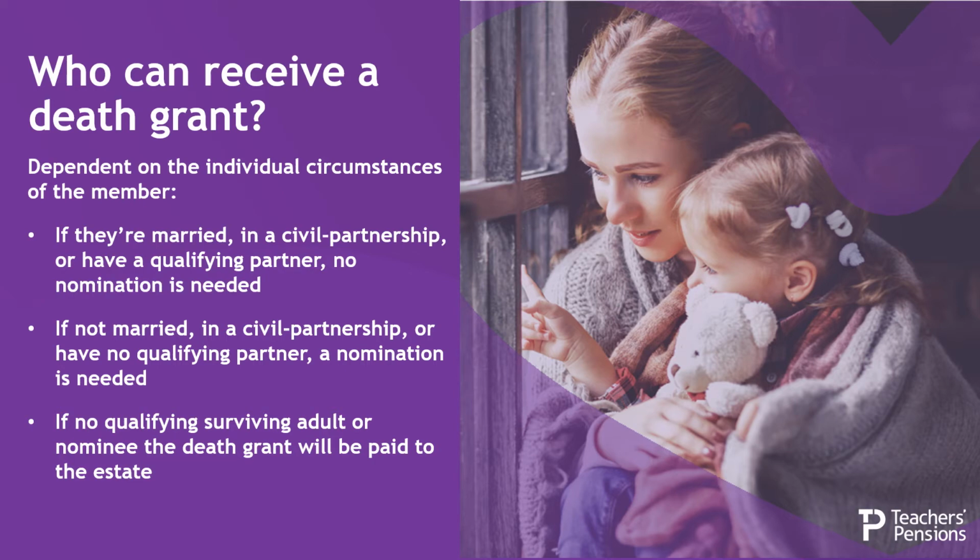If they aren't married, in a civil partnership, or have a qualifying partner, or they simply wish for a death grant to be paid to someone else, a death grant nomination must be completed. It remains in effect until it's revoked or updated. It must be to an individual or individuals. If there's neither a qualifying surviving adult or nominee, any death grant will be paid to the member's estate.